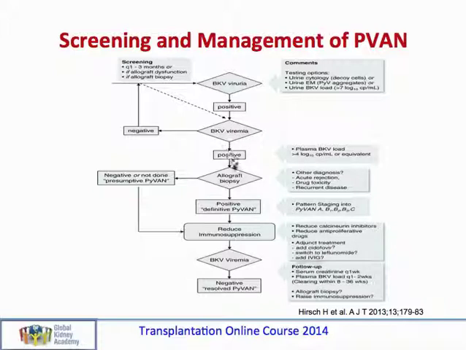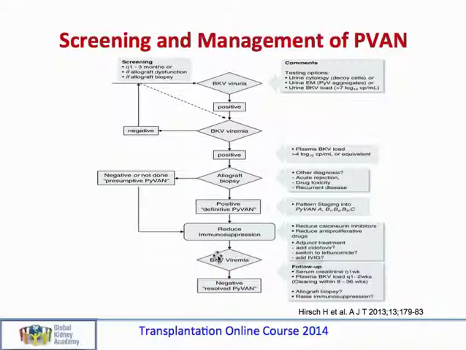If the blood is positive, you can either do a kidney biopsy and confirm the diagnosis of polyoma virus-associated nephropathy and reduce immunosuppression, or some people will just say, if you've got BK viremia, that is a sign in itself of over immunosuppression, and you should reduce immunosuppression anyway. So you can make a presumptive diagnosis of BK nephropathy and reduce immunosuppression that way.